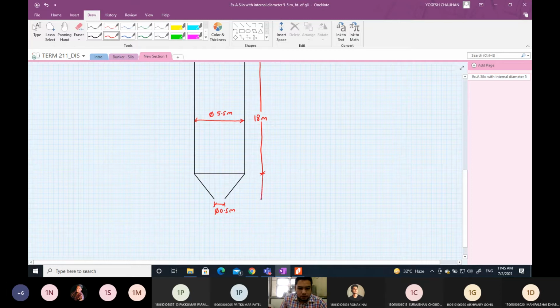The height of the bottom hopper is given as 2.5, and this projection will be 5.5 minus 0.5 by 2, so that will be 2.5 meter.